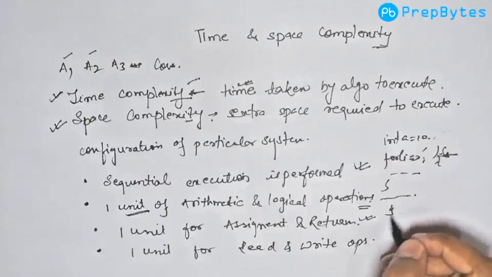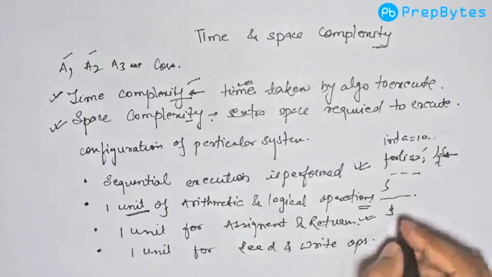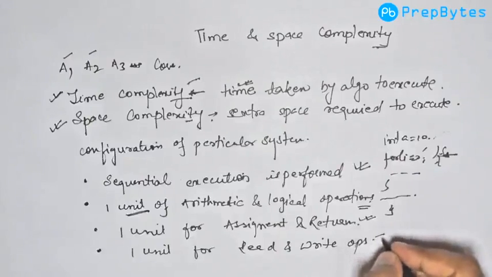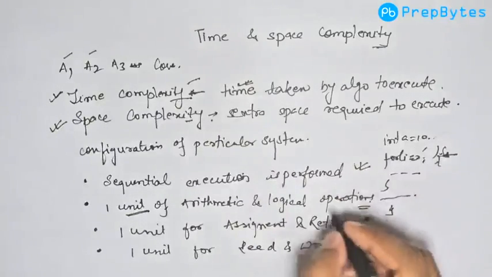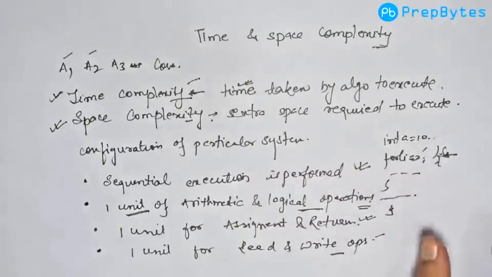That particular statement will take 1 unit to get executed. Similarly, if we have some read or write operation, it will take 1 unit of time. Similarly, we have it for arithmetic and logical operations.